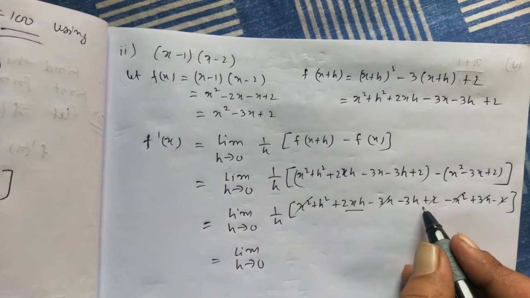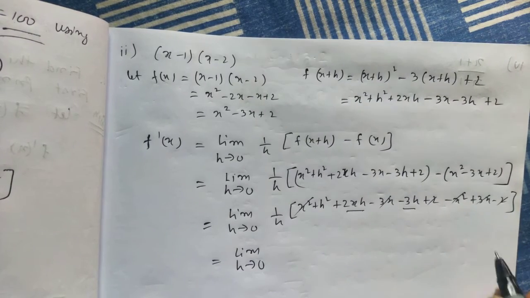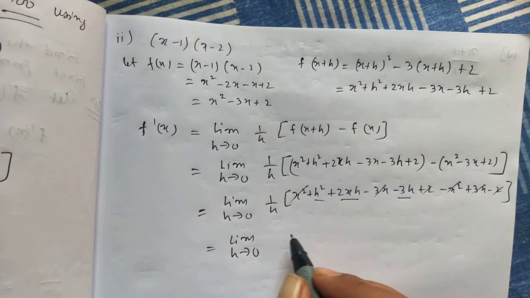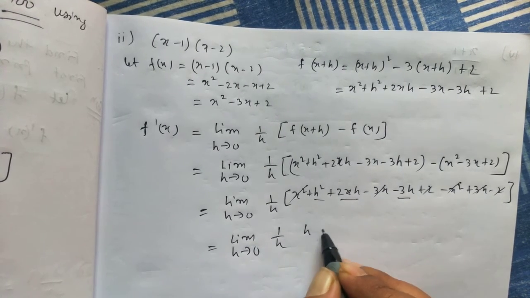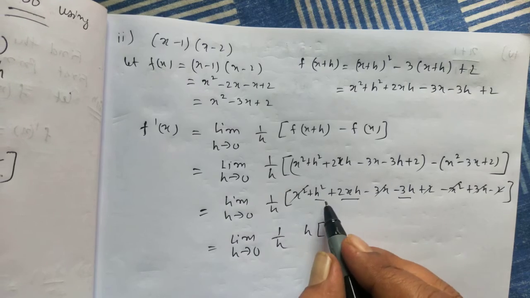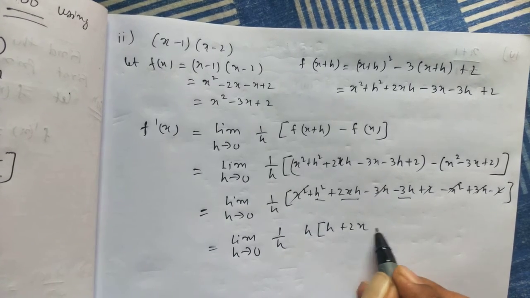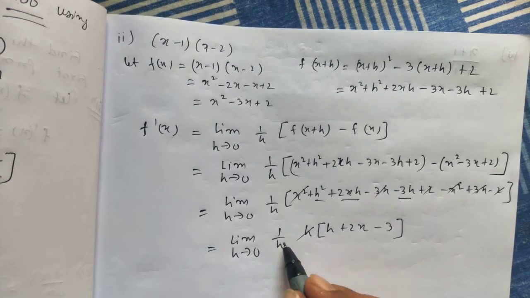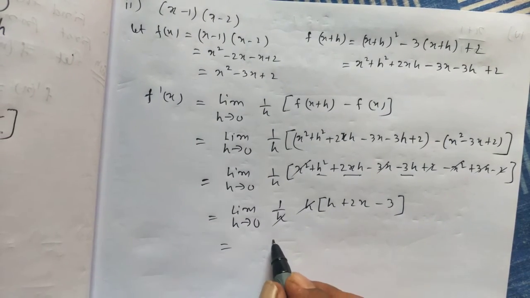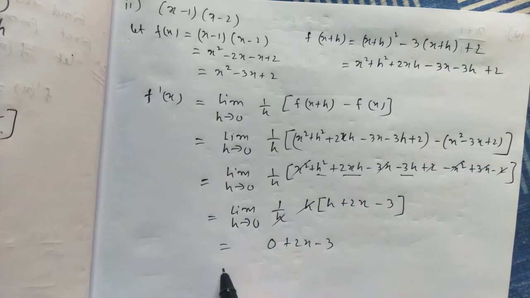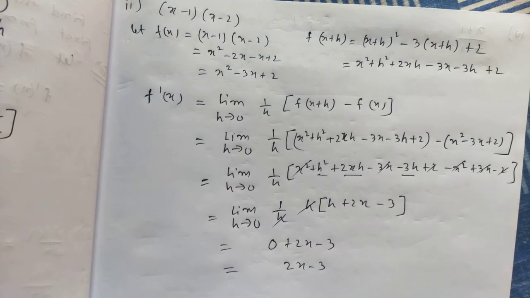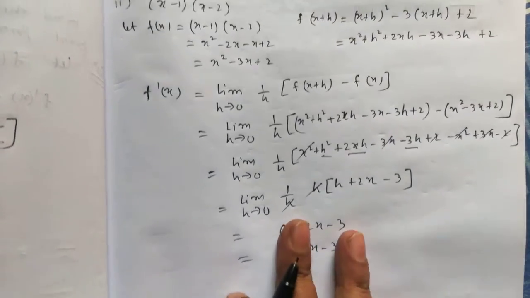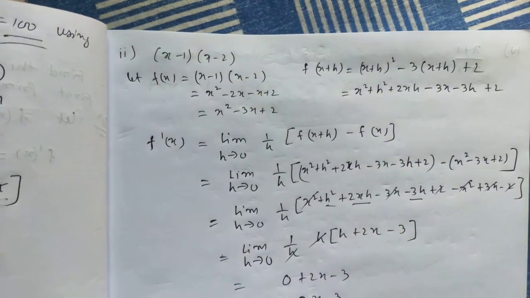You are left with h² and 2xh, and this. What is the common? h is the common, so inside the box we have h + 2x - 3. h cancels. Now put the value. You get 0 + 2x - 3. Answer is 2x - 3. So this is the derivative of this one.